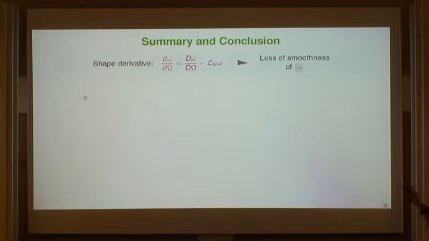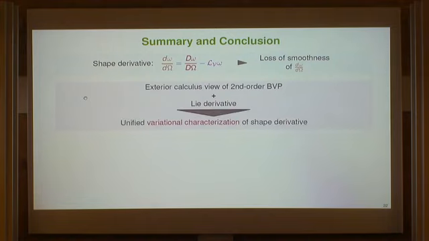And we have seen that, of course, another message sent by this formula is this loss of smoothness. Because the Lie derivative differentiates, so it reduces the smoothness of its argument. Then, Lie derivative formulas are very convenient, and you can get very general formulas for the shape derivatives, for Dirichlet problem, Neumann problem, transmission problem, for all orders of forms in any dimension.